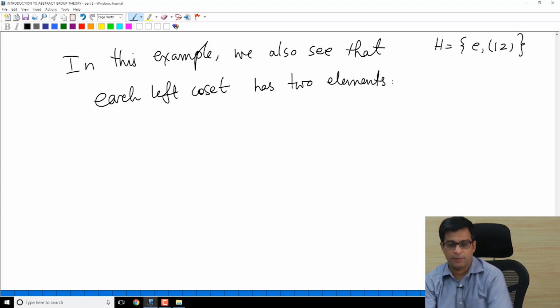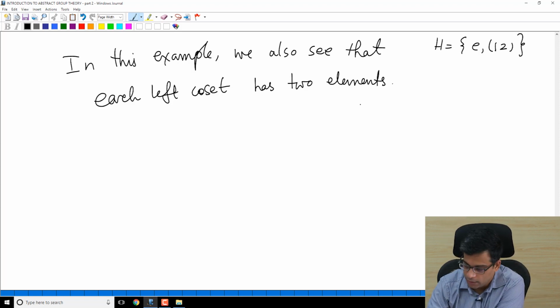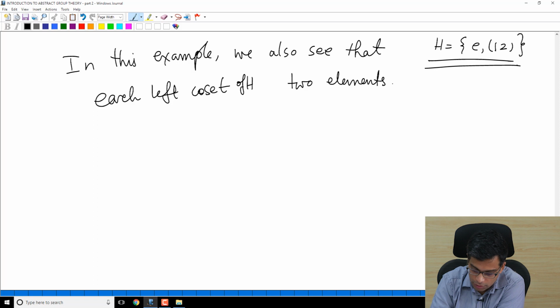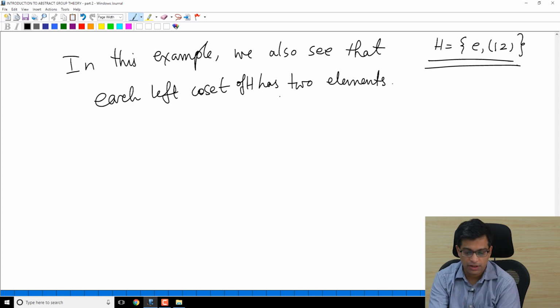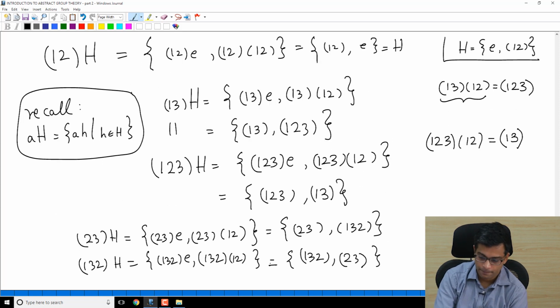Remember, this is what you would expect because of a theorem that I proved earlier. Because H has 2 elements, each left coset of H has 2 elements, which is what we noticed in the calculation. (1 2)H is {(1 2), E}, (1 3)H is {(1 3), (1 2 3)}. There are 2 elements.